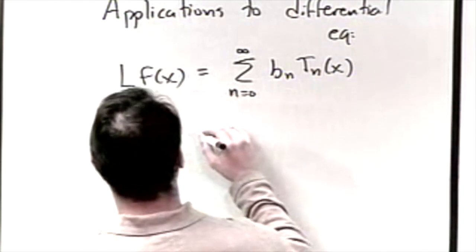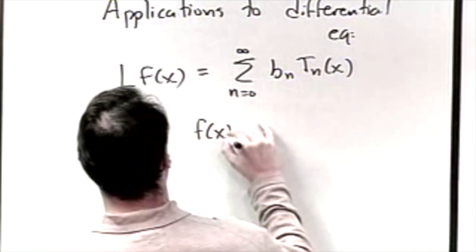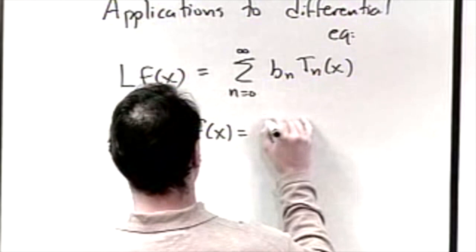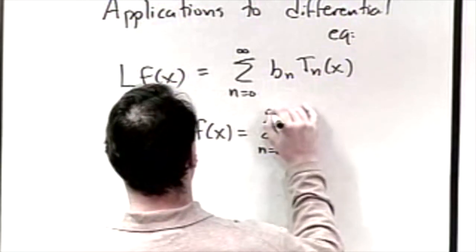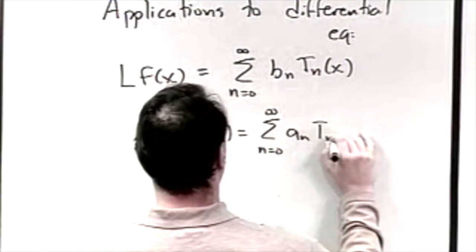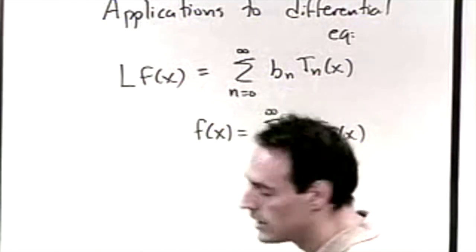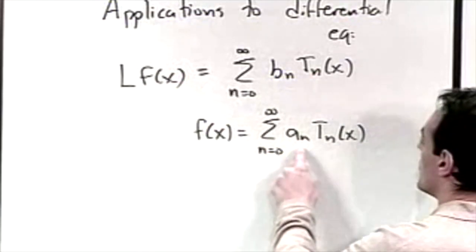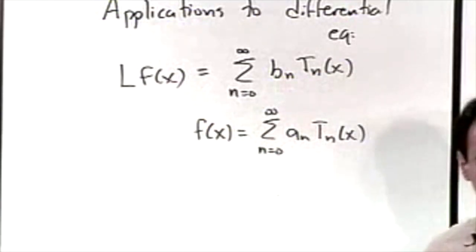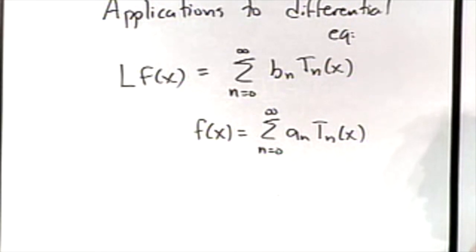Where, by the way, let's let f of x equal... So here's the big deal. What's the relationship between a of n's and b of n's? That's what you're trying to establish.